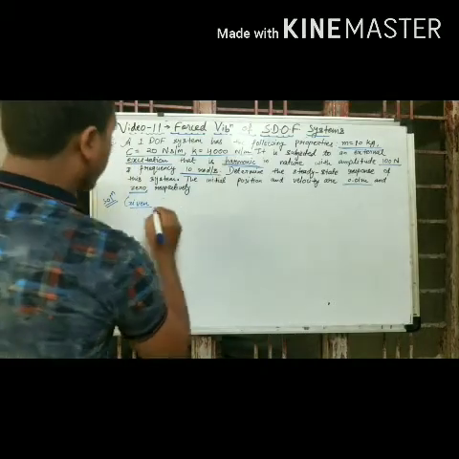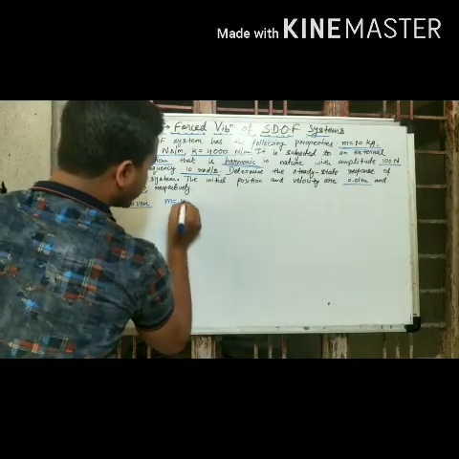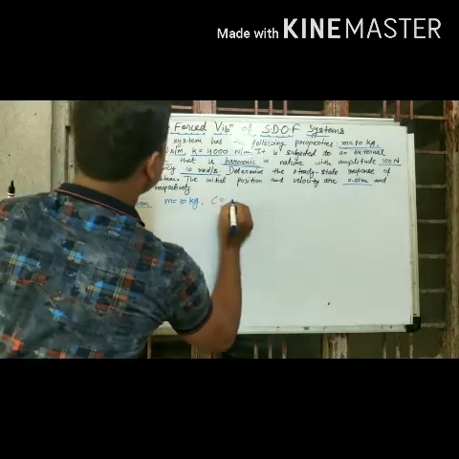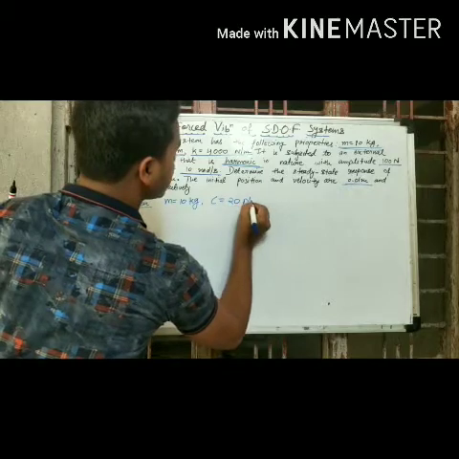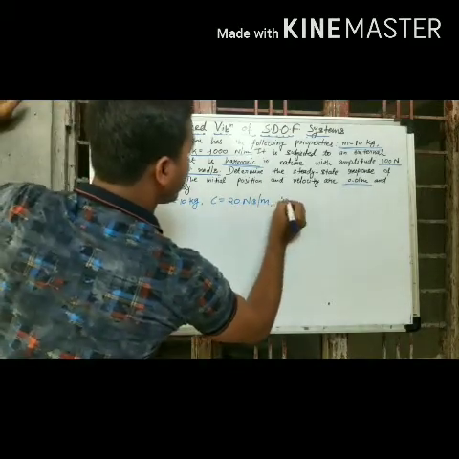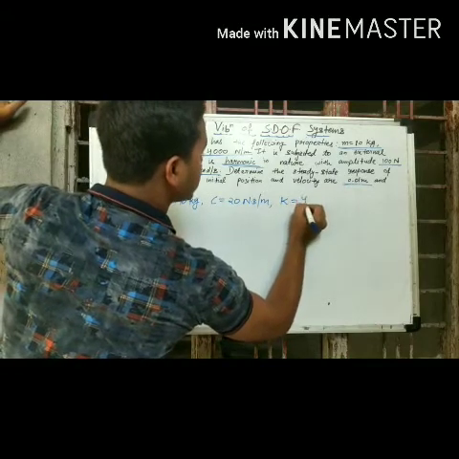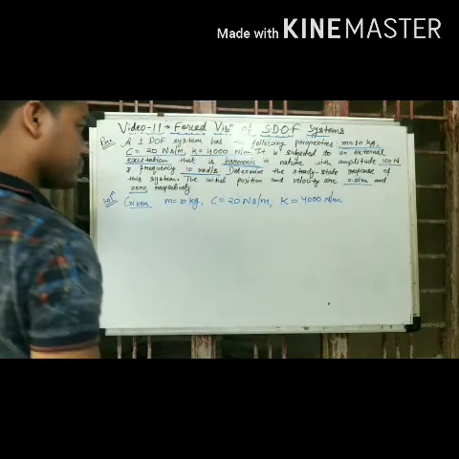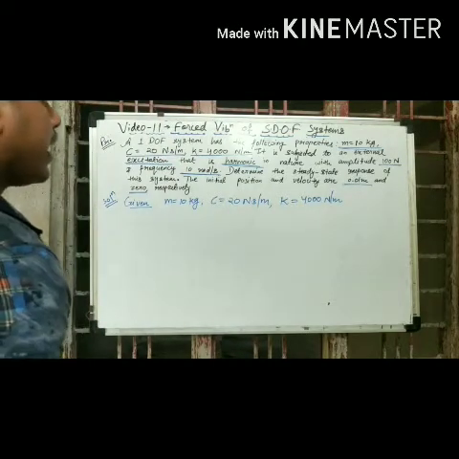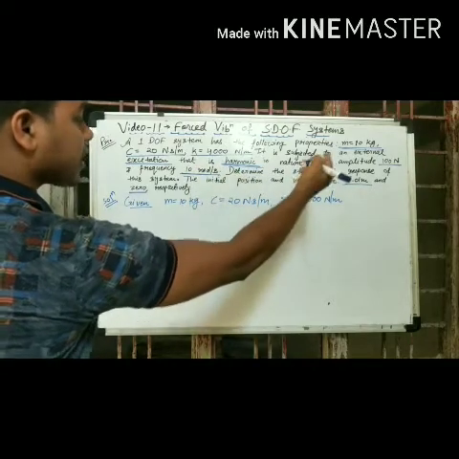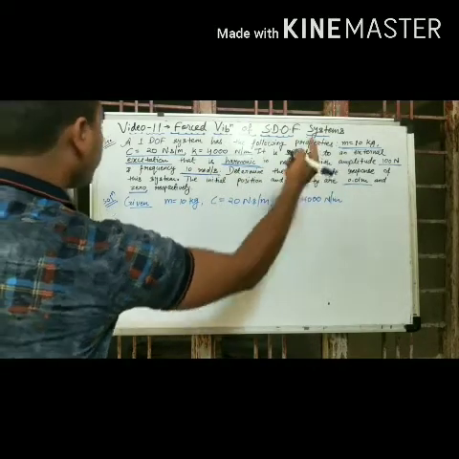They have given mass m equals 10 kg, damping coefficient C equals 20 Newton second per meter, and the spring stiffness K equals 4000 Newton per meter. This system is subjected to an external harmonic excitation with amplitude 100 Newton.